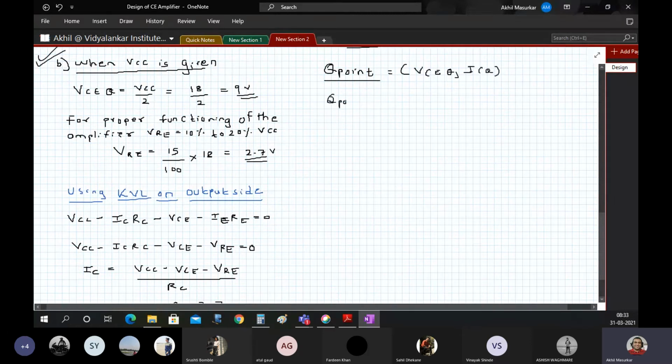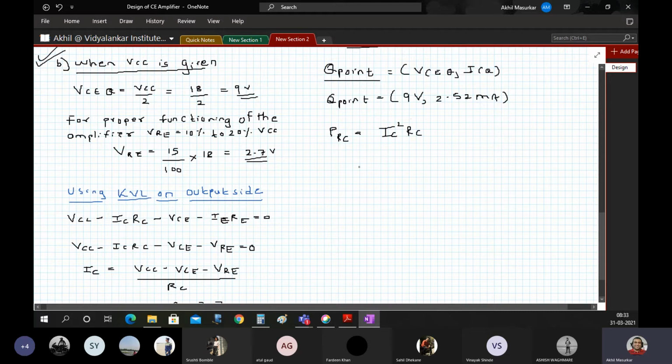So Q point is equal to 9 volts comma 2.52 milliamperes. Now we have to calculate the power rating of RC. So PRC, that is the power dissipated through RC, will be IC square into RC.